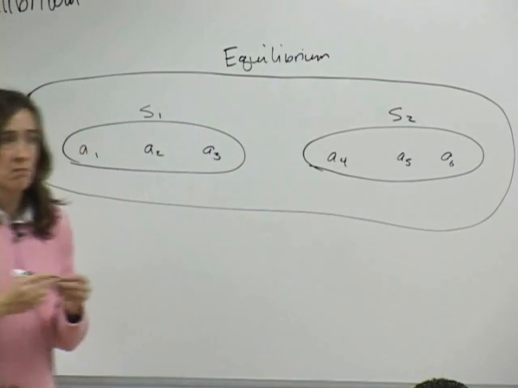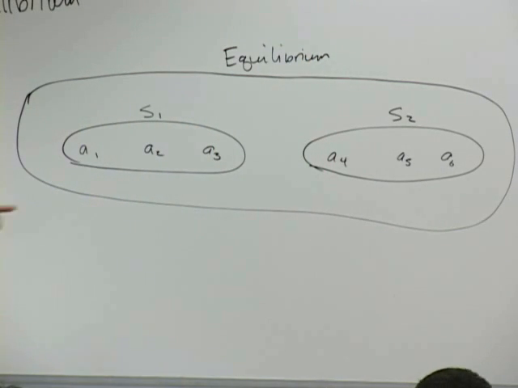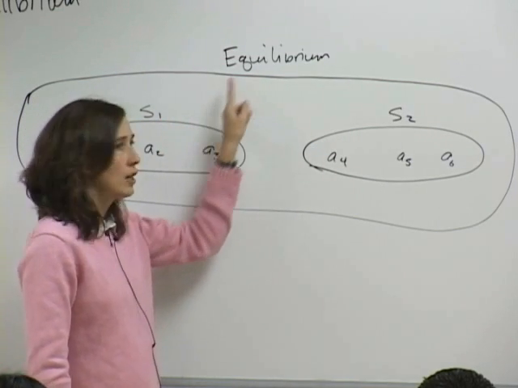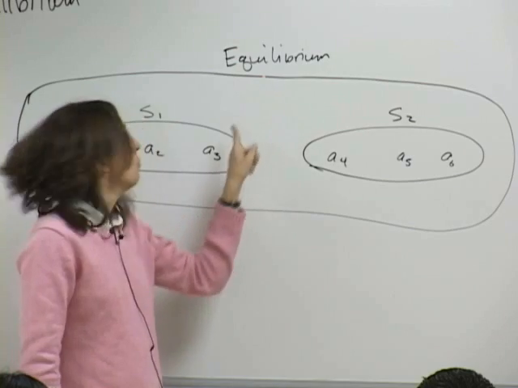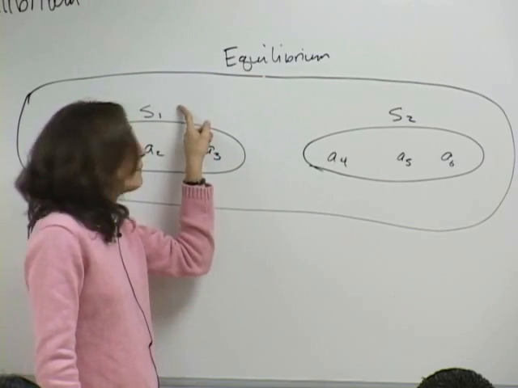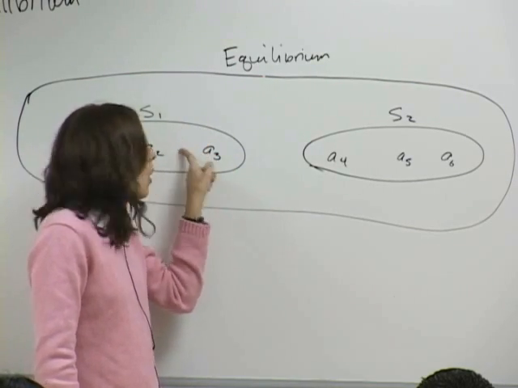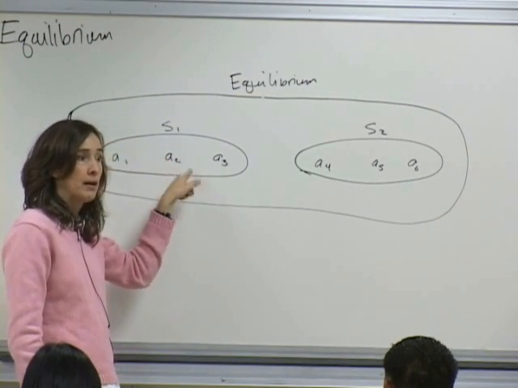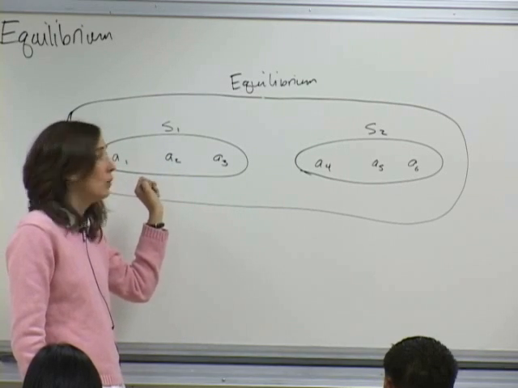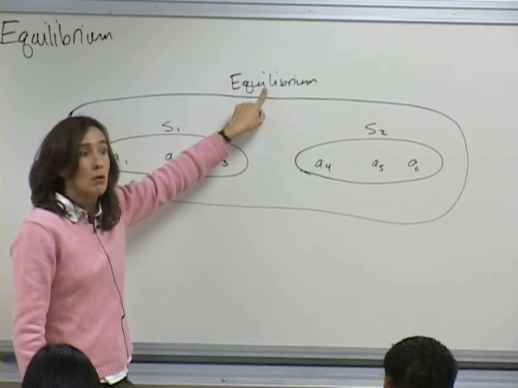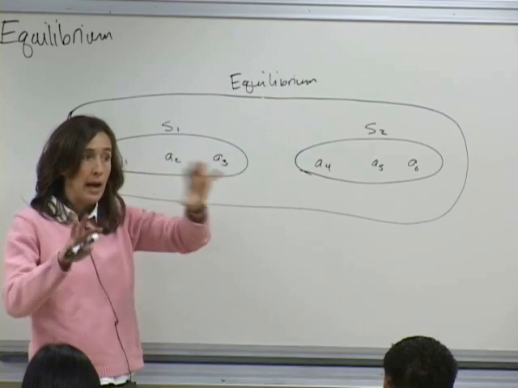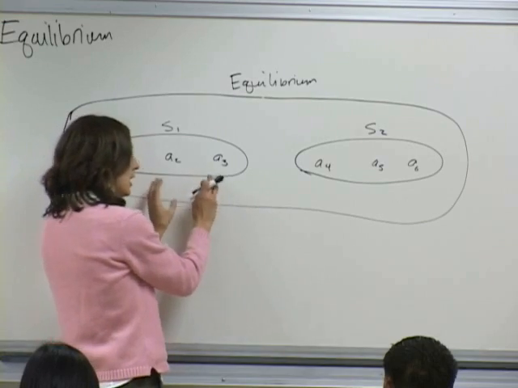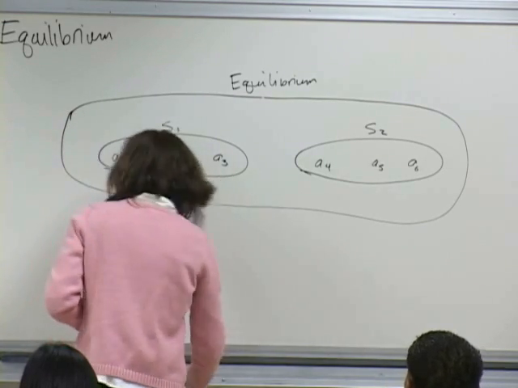Now there's something different going on in the way actions form strategies and the way strategies form equilibrium. We add up actions to find a strategy. All we need to do is make sure that the actions belong to the same player and that they correspond to the choices at her different nodes. For equilibrium, it's a little more restrictive, right? It's not just a strategy for each player. They have to be strategies that are best responses. But again, there is this idea of successively building up.